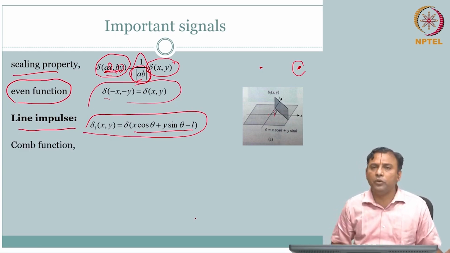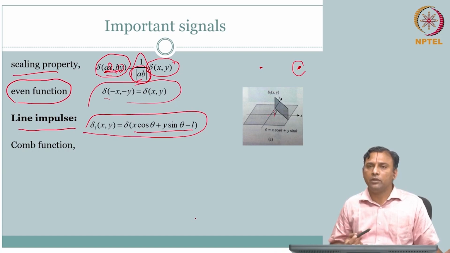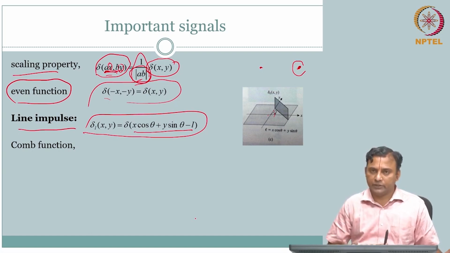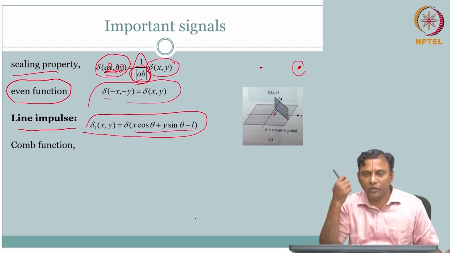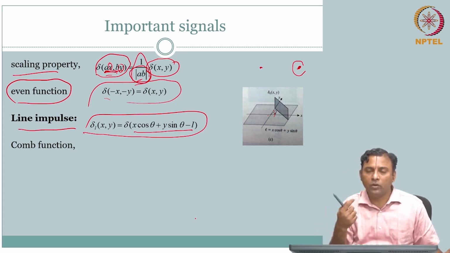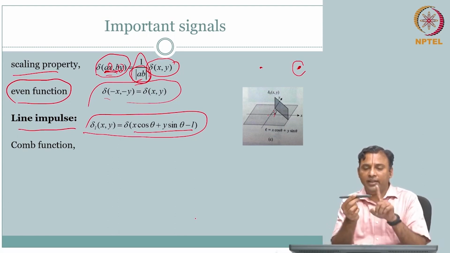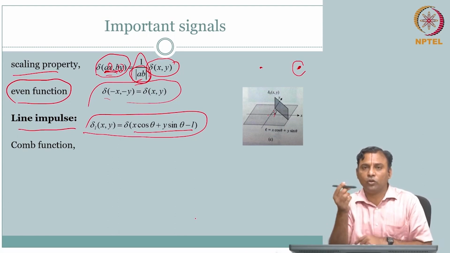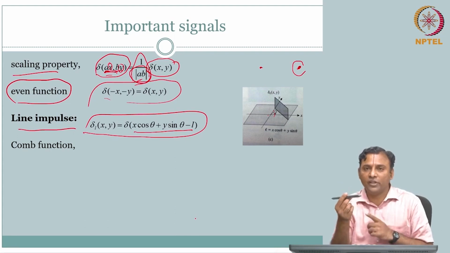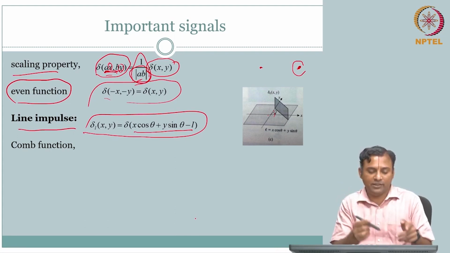So immediately when you do that, you can think about different functions. So the comb function. What is a comb function? You know the comb that we use. How does it look? It is usually a line, and then you have teeth. That is your comb. So the comb function should similarly be mimicking that.